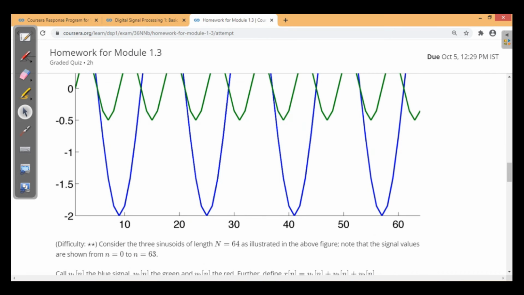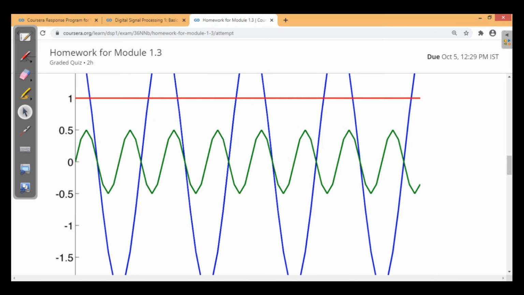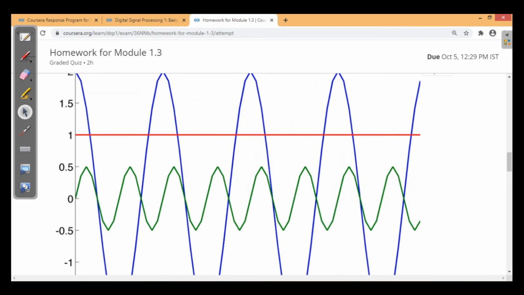Now the green, how many cycles? 1 2 3 4 5 6 7 8. We have 8 cycles over the same range. Since it starts from 0, this green color is a sinusoidal signal, and the blue color is a cos signal, and the red color, the third signal, simply has constant amplitude.